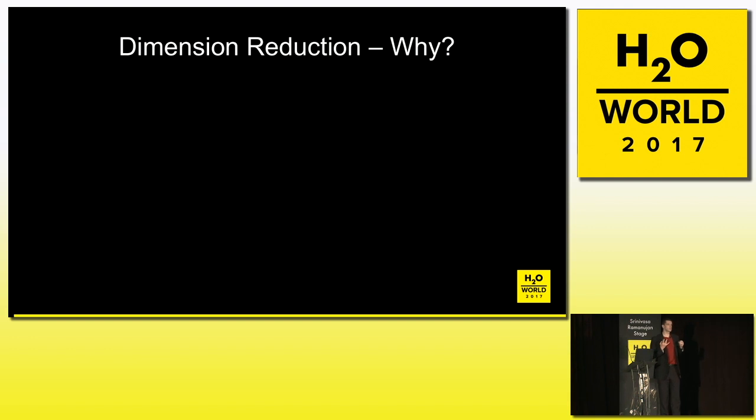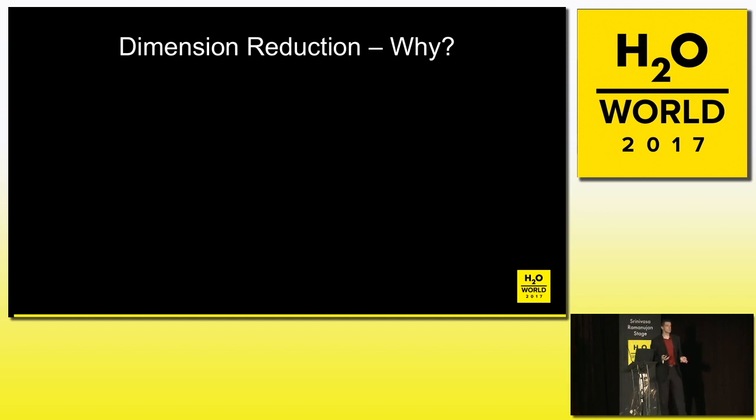So I'd like you to think of word embeddings as another type of dimension reduction. And when I say dimension, I mean each column in your training data, your inputs, is a dimension. Except in the case of categorical data where it's more than one dimension, which I'm going to come back to in a moment.